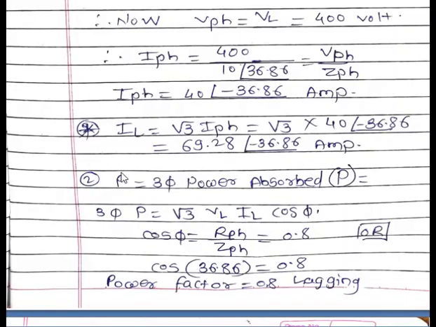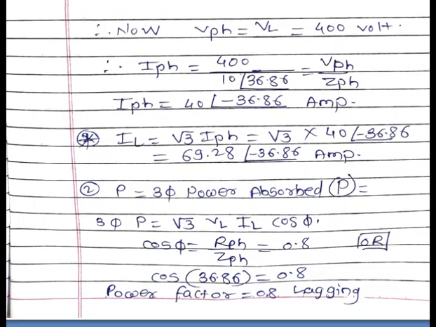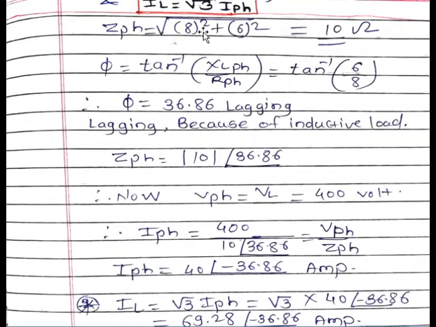Now we calculate the 3-phase active power P. The formula for 3-phase active power or power absorbed is equal to root 3 VL into IL into cos phi. Now we calculate the value of cos phi because it is an unknown value. Cos phi is equal to RPH divided by ZPH, or R divided by Z. The value of R is equal to 8 ohm and the value of Z is equal to 10 ohm.